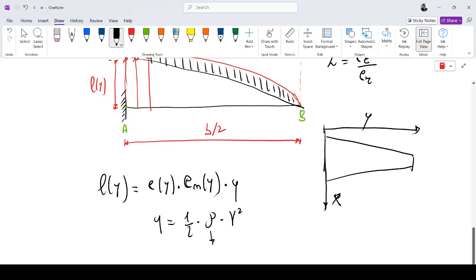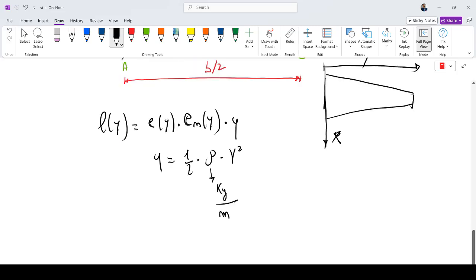Rho is the density. So in the international system it is expressed as kilogram over meter to the power of 3. This is a speed that in the international system is expressed as meter over second. The output is in Pascal, which is equal to Newton over meter square.